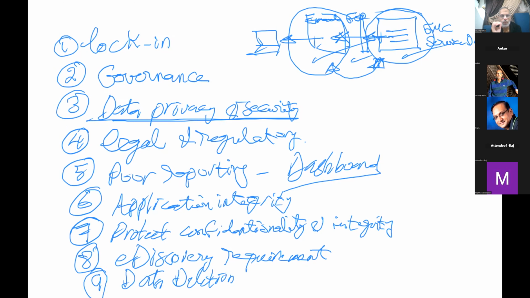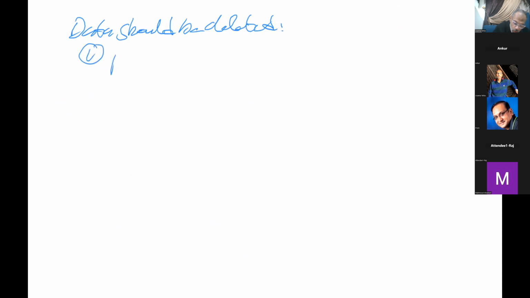Then you have to make sure that all the data are deleted. Then the data should be deleted, and where should it be deleted? In the cloud service provider, we have multiple locations which we have to check. Number one, in the production.